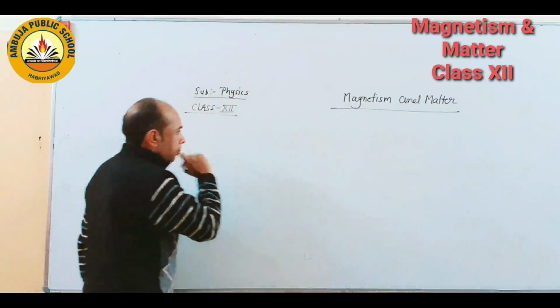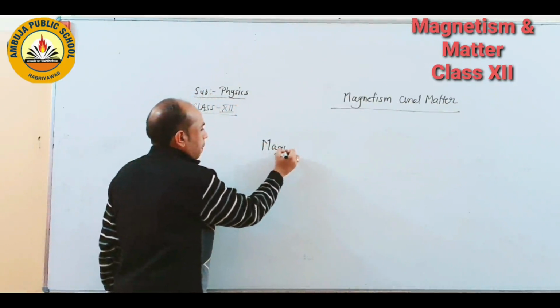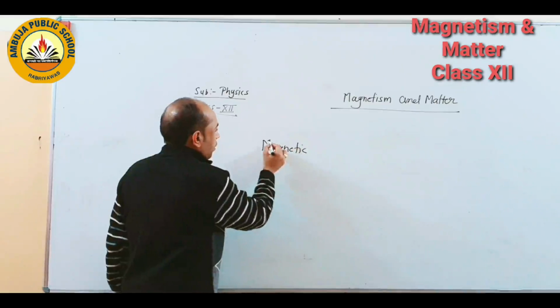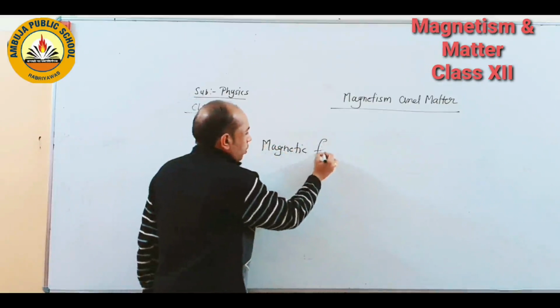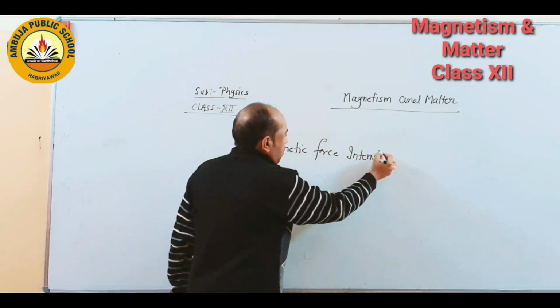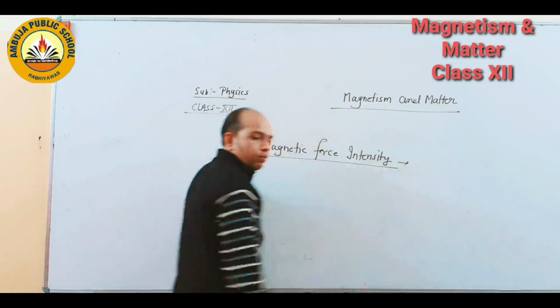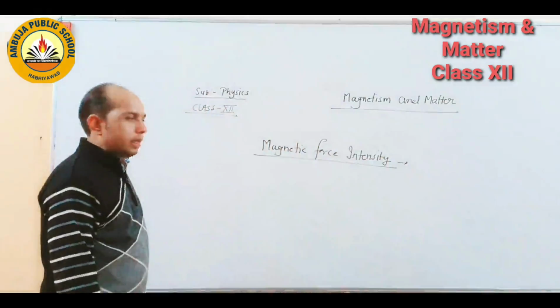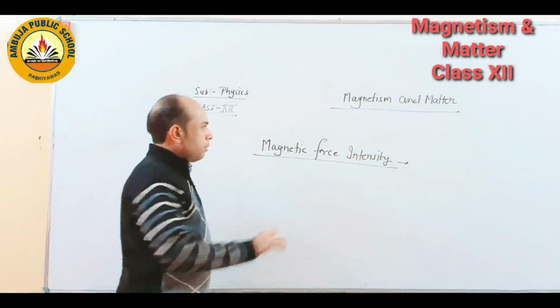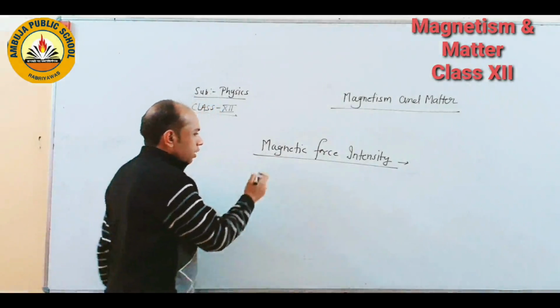Next we come to magnetic force intensity. So magnetic force intensity means how much magnetic force is experienced by the surrounding.